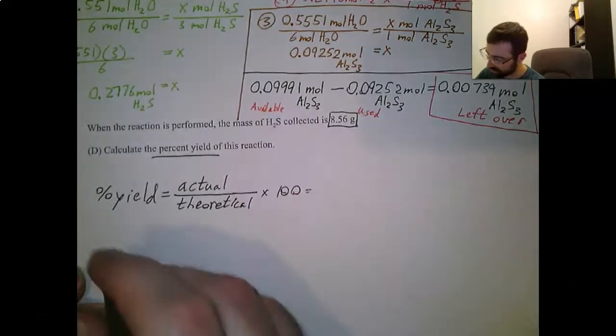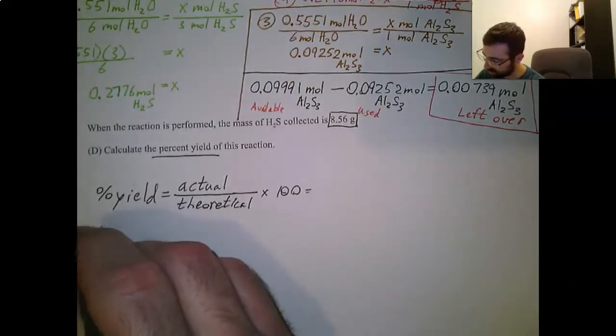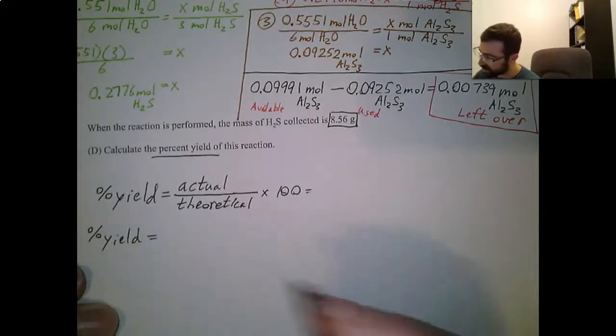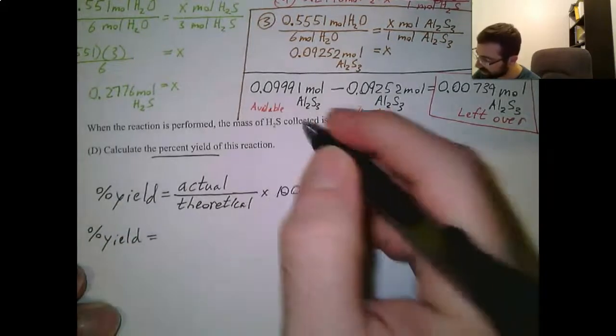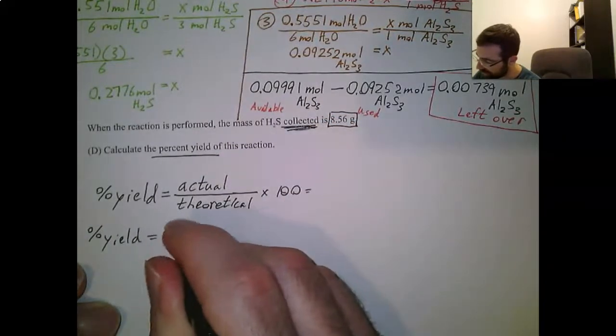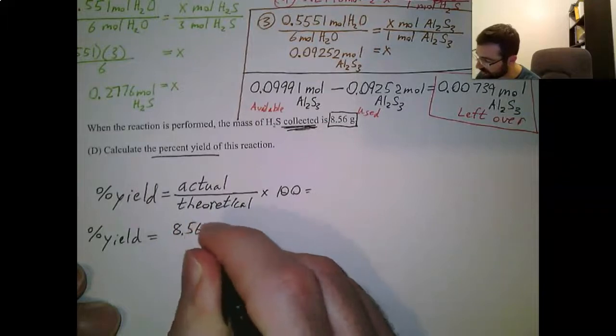So then we're going to solve that down here. Actual is what is collected. It's what I got in the lab, so I'm going to put 8.56 grams of H2S.